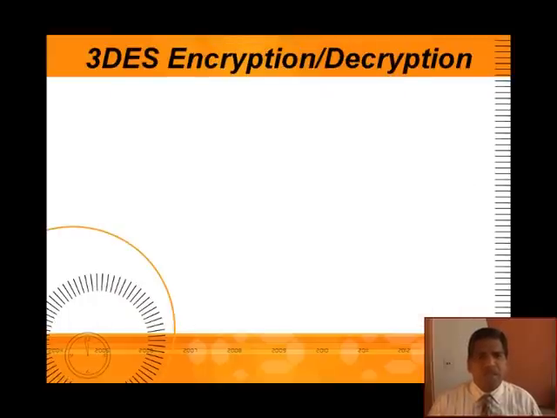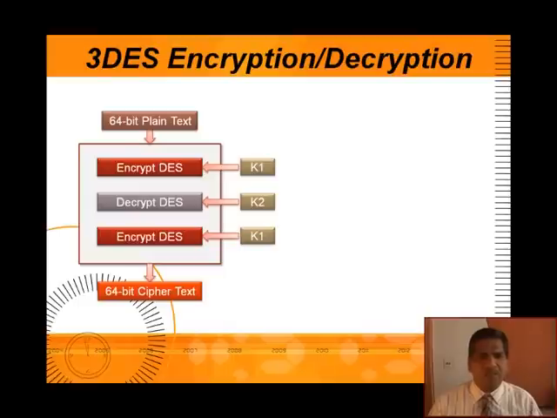Now when triple DES encryption and decryption is done, realize that there would be 16 rounds while encrypting, 16 more rounds during decryption, and 16 more rounds during encryption. In DES we had seen that there are 16 such iterations or rounds. In this case there would be 16 into 3, that is 48 different rounds.